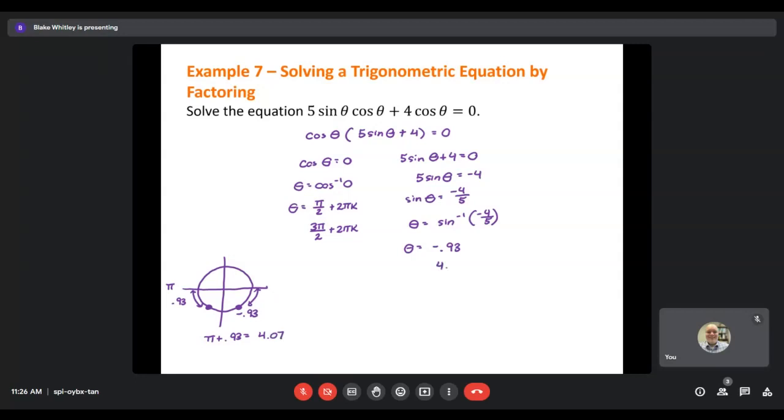So my other value, 4.07. And as always with sine, we need a plus 2 pi k if we're looking for all of our solutions. And so this time, we get these solutions from the 1st factor, we get these solutions from the 2nd factor, and so all of that is part of our final answer.